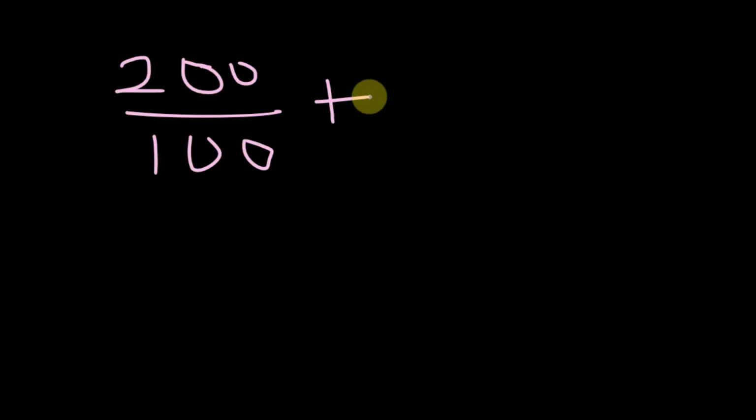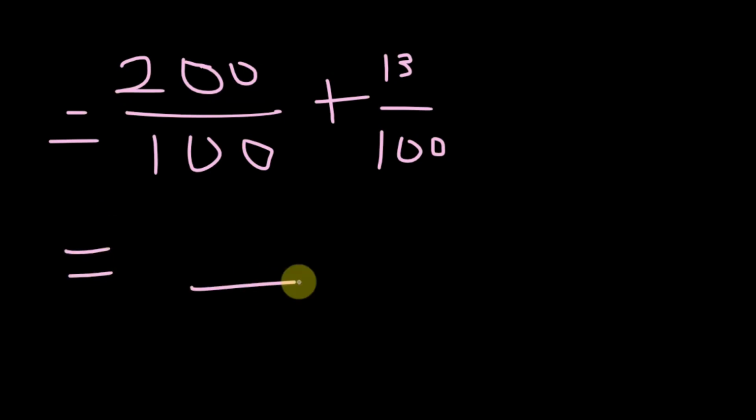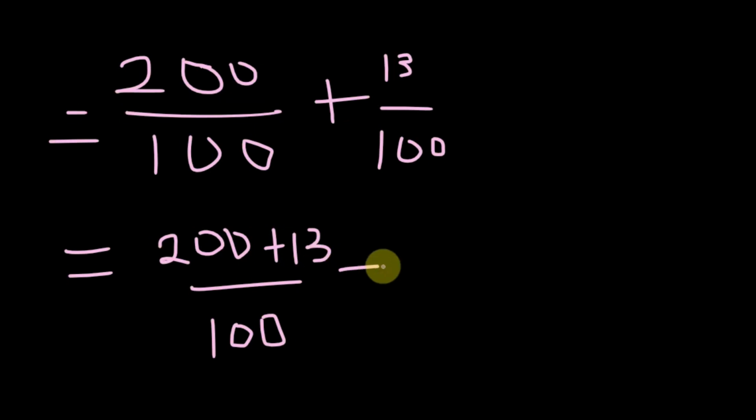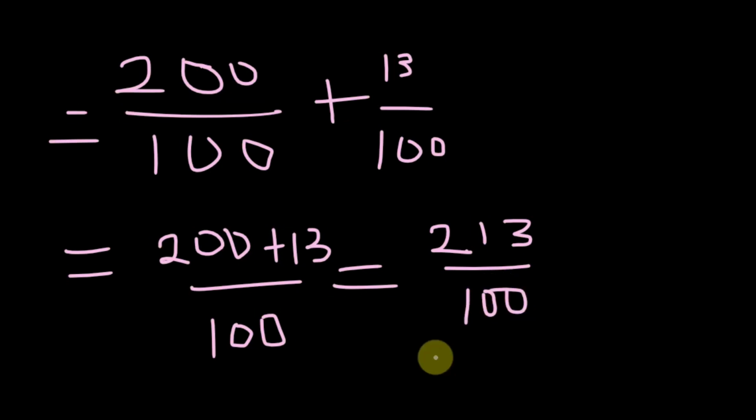Plus 13 over 100. Since the denominators are now the same, we repeat the denominator and have 200 plus 13, which gives us 213 over 100, the final answer as an improper fraction.